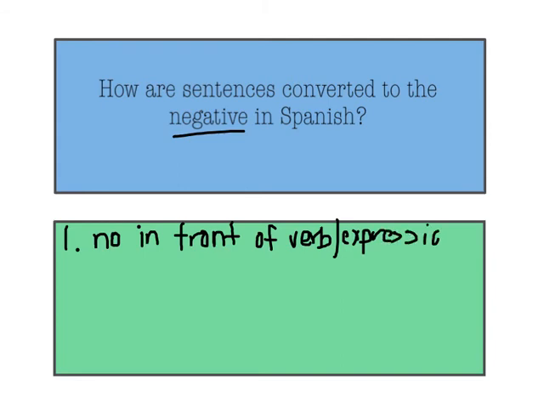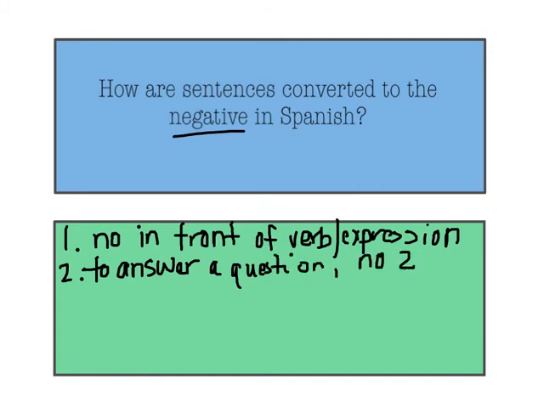The second thing that we need to remember is that to answer a question negatively, specifically, we use no 2 times. Once to answer the question and once to say not.